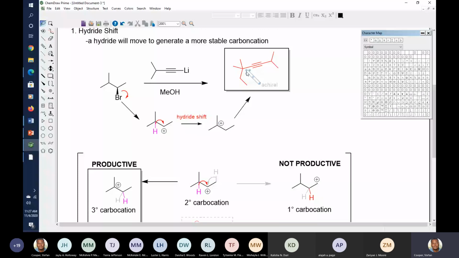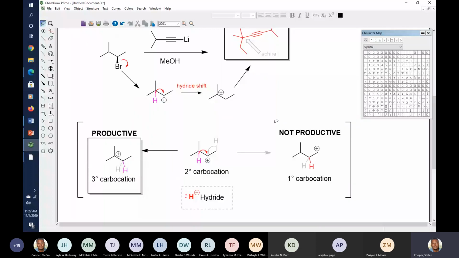If I see that on a quiz or on an exam, I'm going to take out points. I'm going to say, hey, this center is not chiral. So drawing a wedge or drawing a dash there doesn't make any sense. It's not chiral. So keep that in mind. If your carbon is not chiral, you don't have to draw the wedge and the dash. A line is fine. Okay. That was a slightly tricky question, but not super quick.